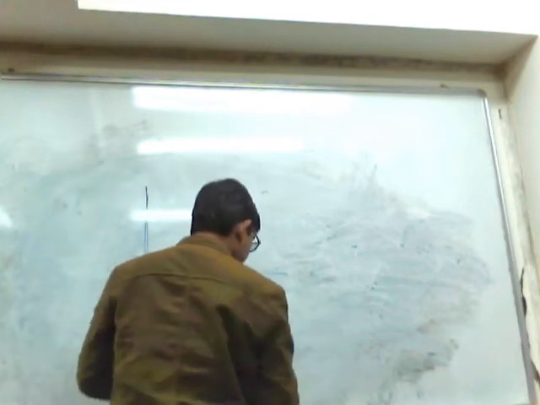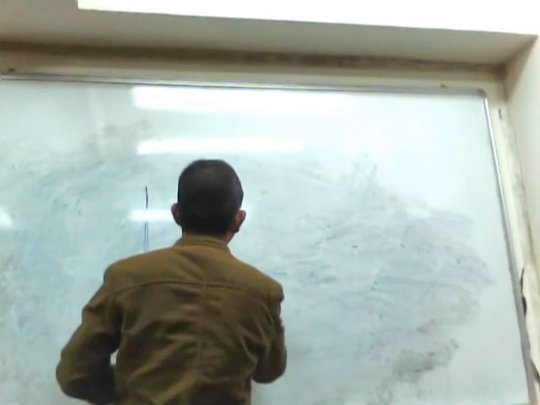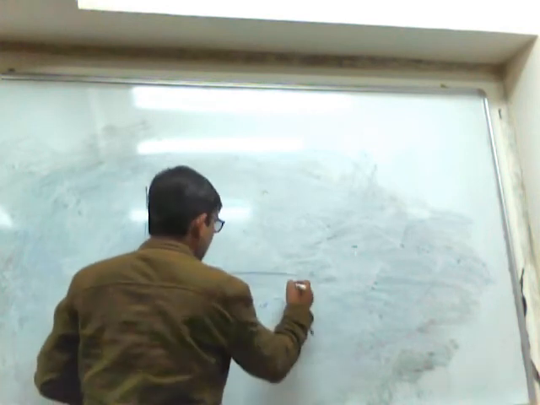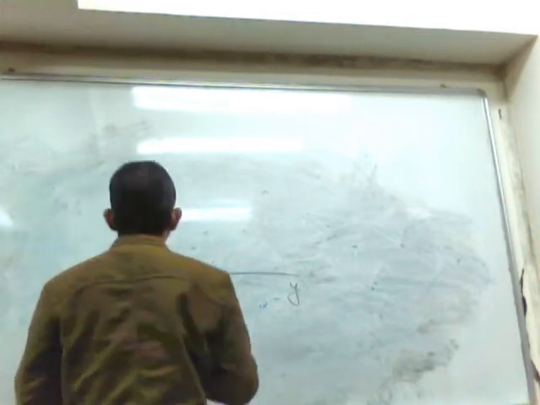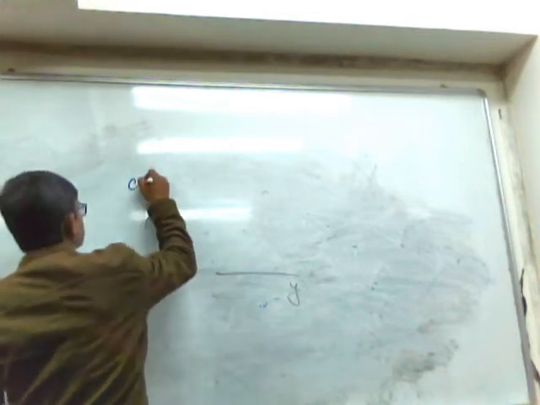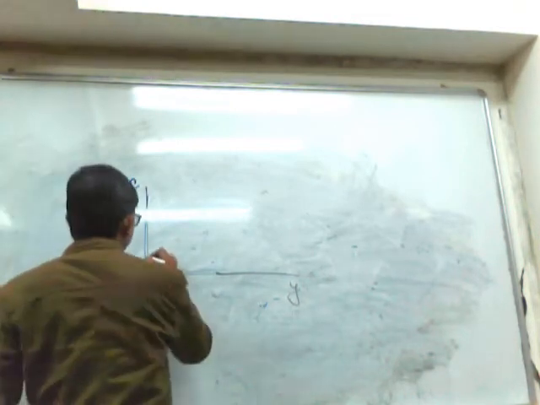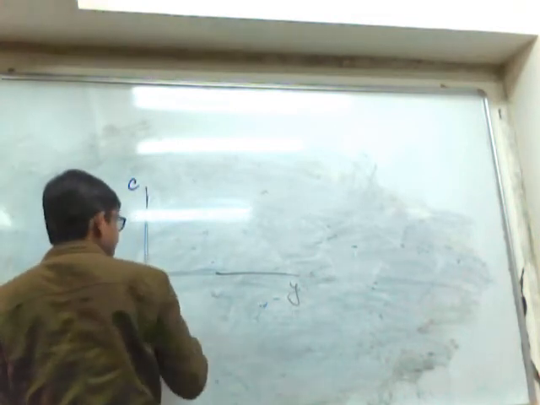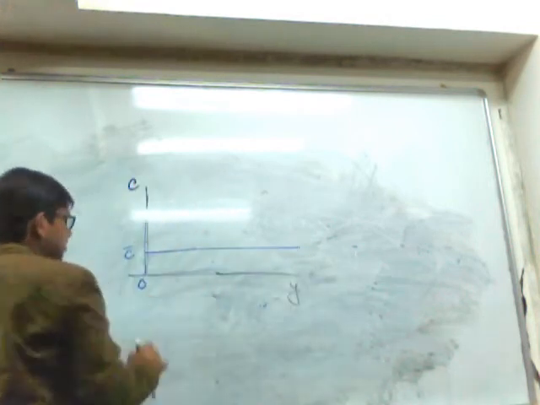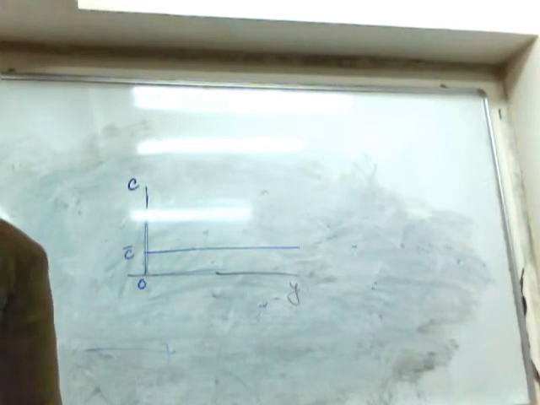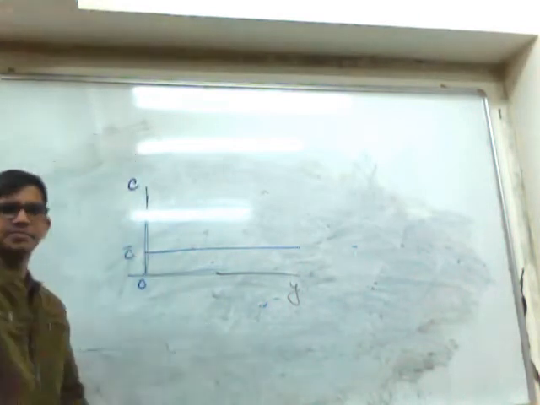In this diagram, we measure output on the horizontal axis and the cost on the vertical axis. So OC bar is the fixed cost of production, because whatever the level of output, it will remain the same.